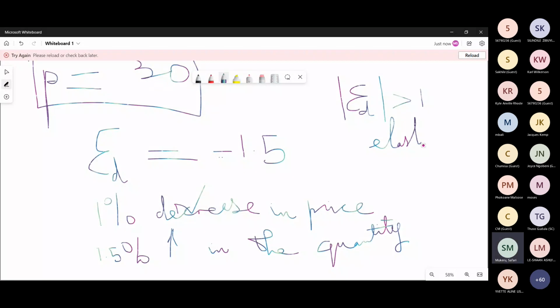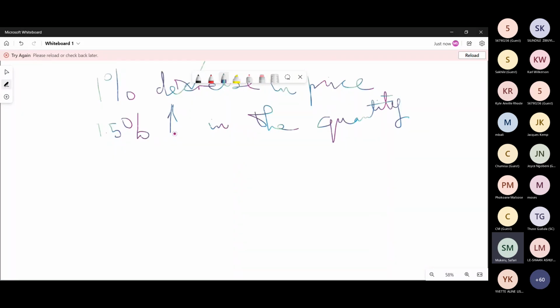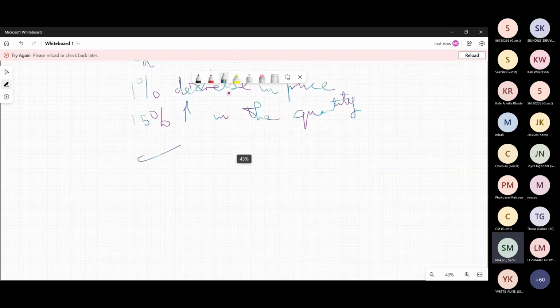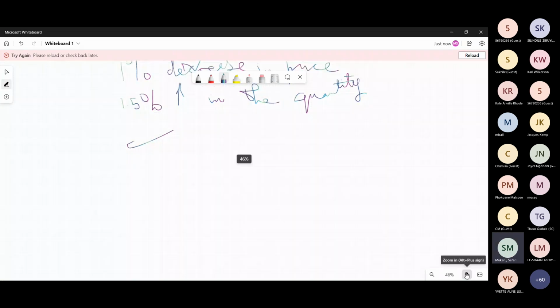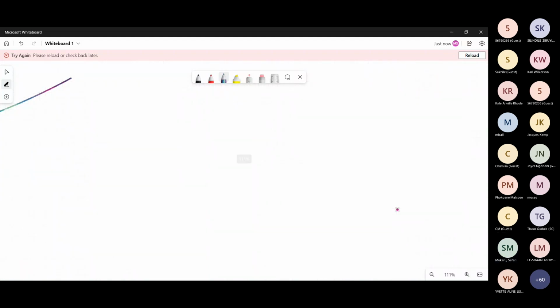What does this basically mean? When this quantity is bigger, do you remember what we mean by the absolute value of a number? Basically, the positive quantity of that value, right? Easy to understand.